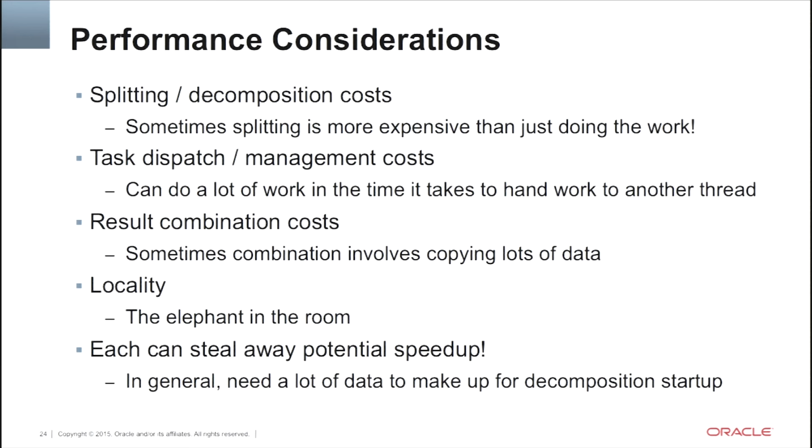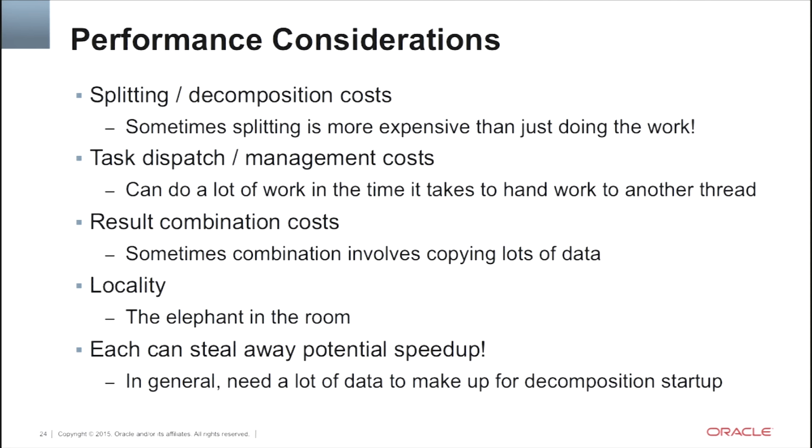Okay, so how can we look at a parallel problem and have some intuition about whether we're going to get a speed up from parallelism or not, right? Because if we're not going to get a speed up, we shouldn't do it, right? It's purely an optimization. So you can think of all of these different sources that kind of rob you of your potential speed up.